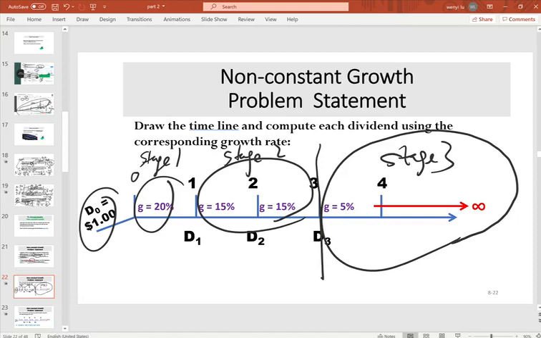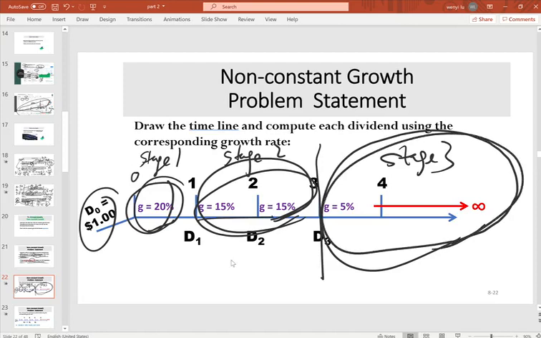These are typical of a growing company. When a company is young, it grows fast and has a high growth rate. But when the company gets more mature, the growth rate slows down until they reach a fixed growth rate.